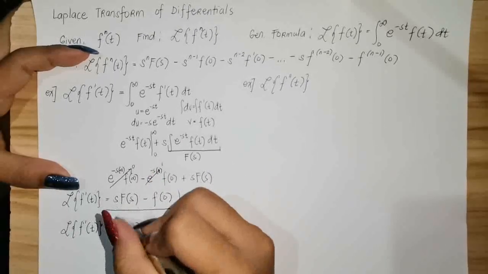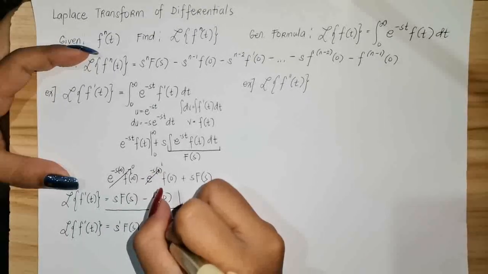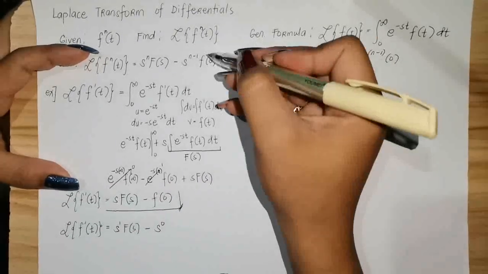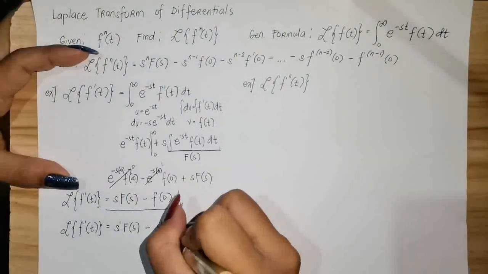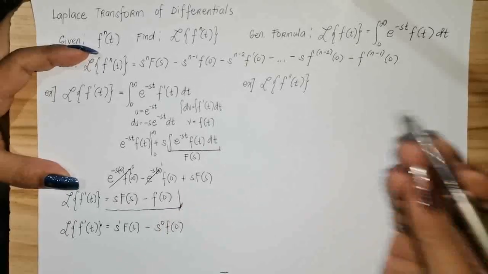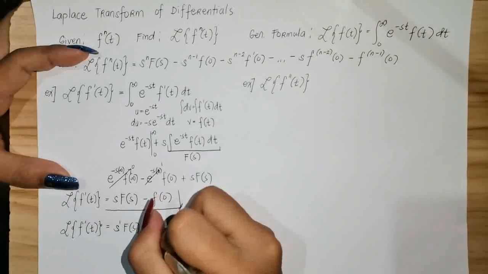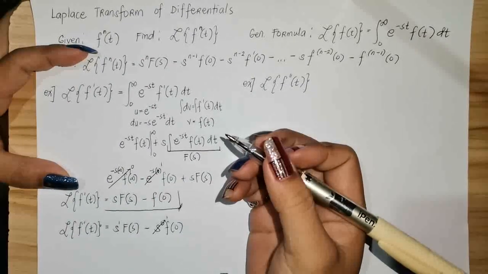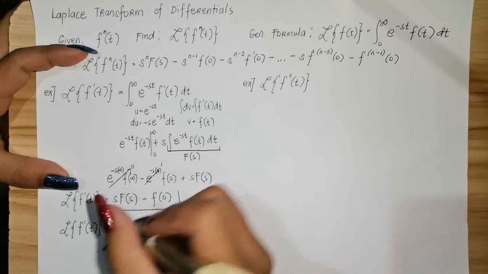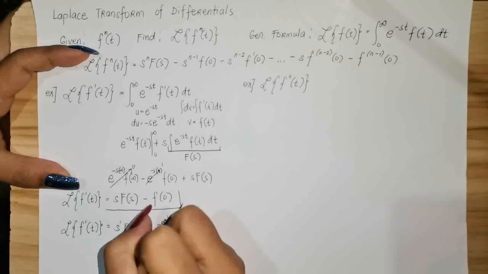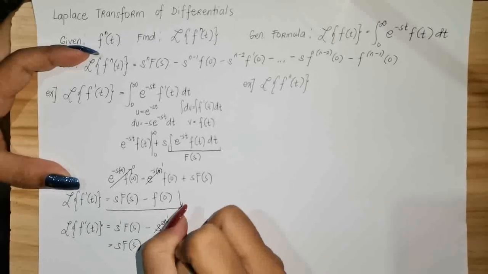Then it goes down and down, so s raised to 1, going down, that's s raised to 0. Then the next term must be multiplied by f of 0. Then you stop at s raised to 0 because this will be 1. So if you simplify, this will be s F of s minus f of 0.